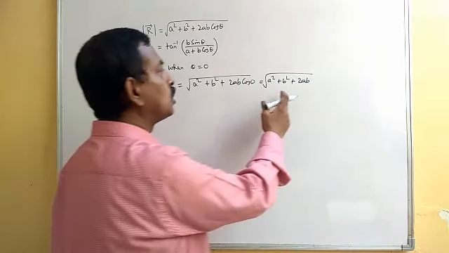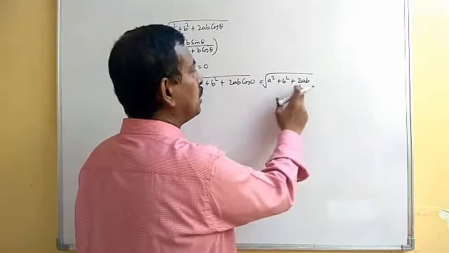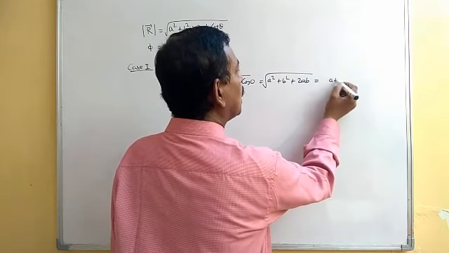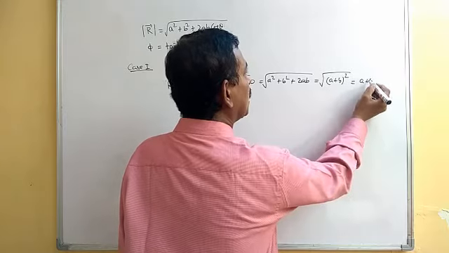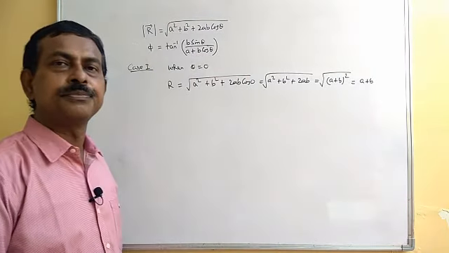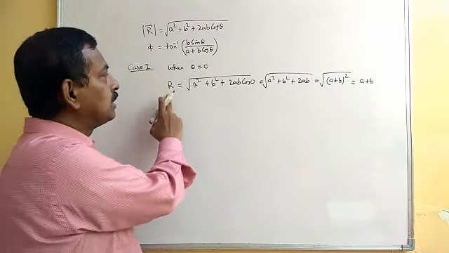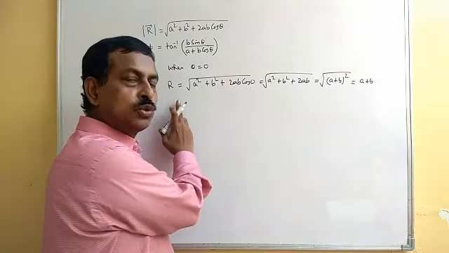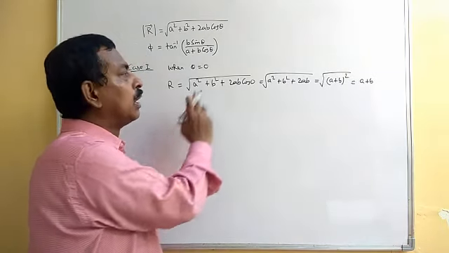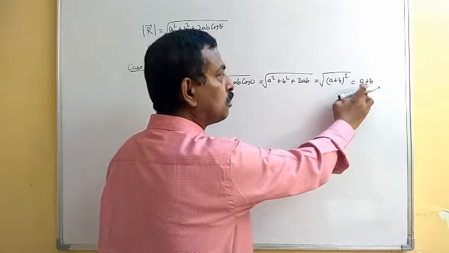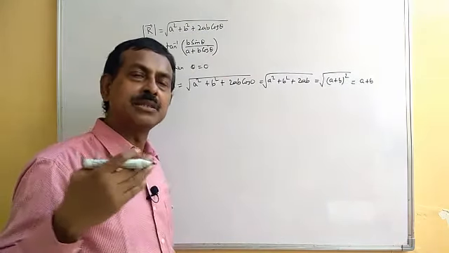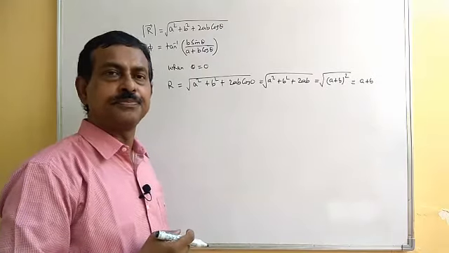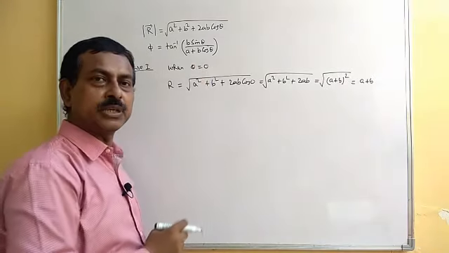So this is 2AB only, and this is the square root of A plus B whole square. This is your A plus B. So what does it indicate? That the magnitude of the resultant will be equal to the sum of the magnitudes of the individual vectors if the two vectors are in the same direction. That is, theta is 0 here.